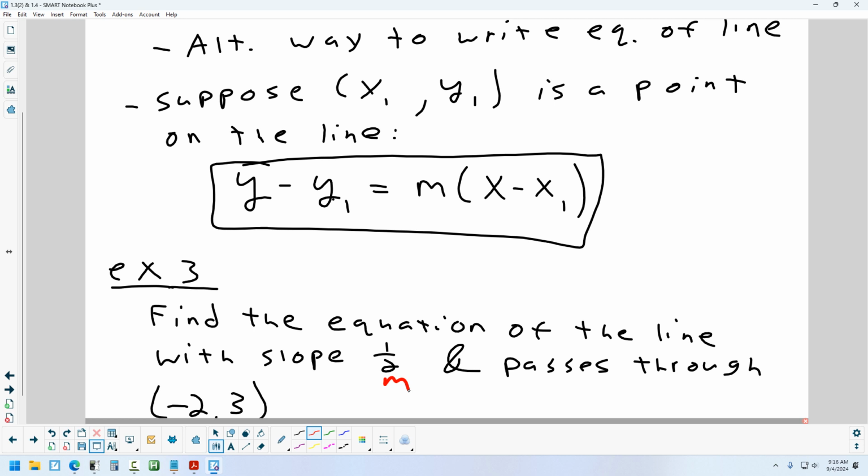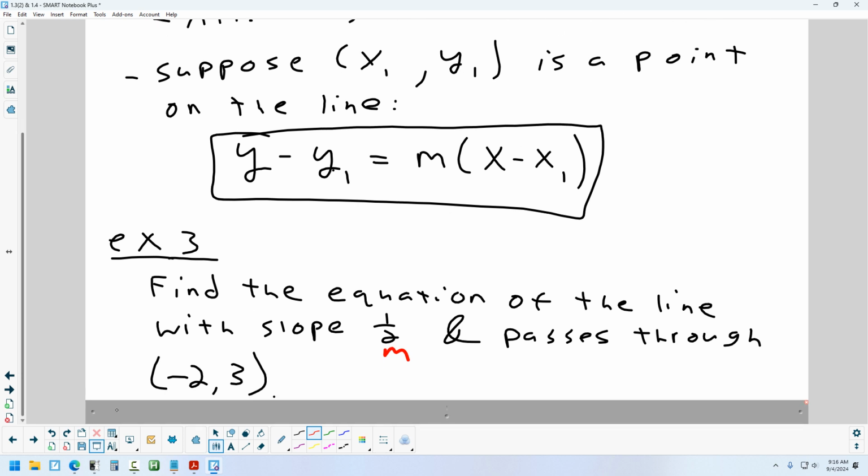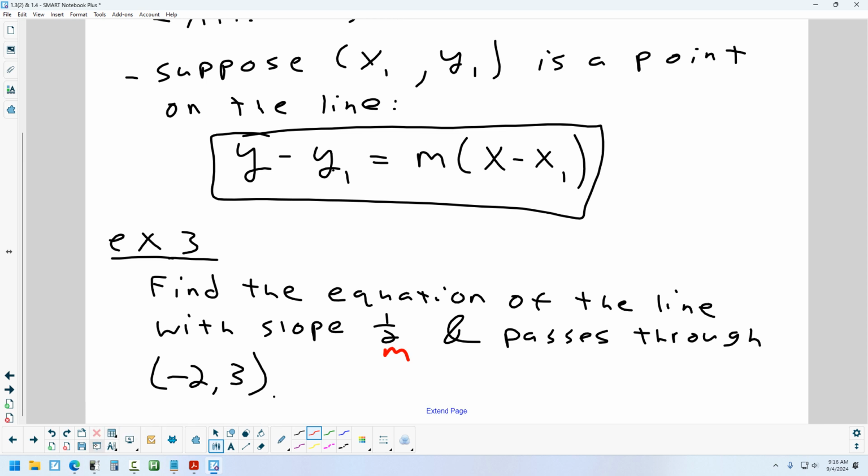Aiden, what about the -2? The -2 is going to be plugged in for the x. Not the x.